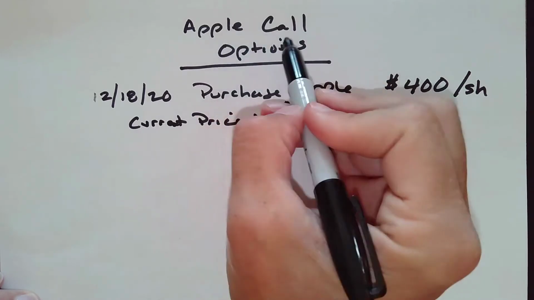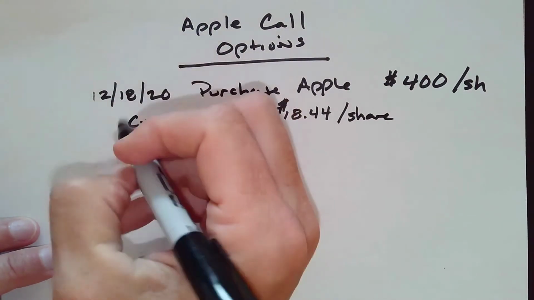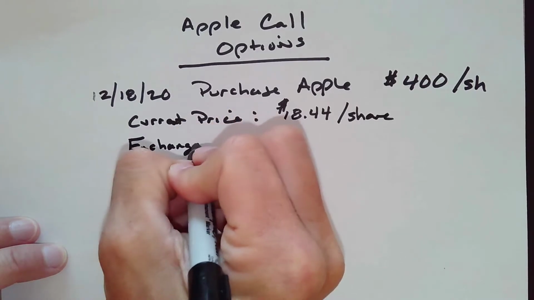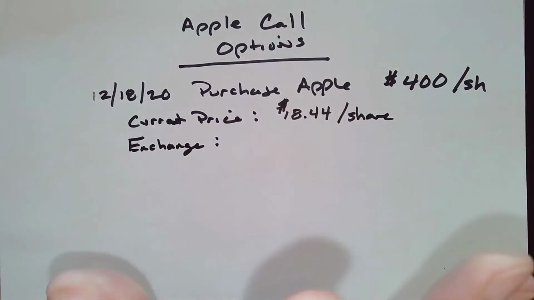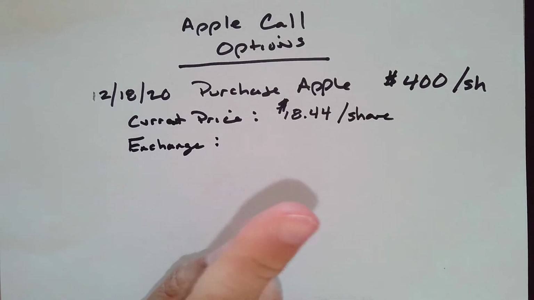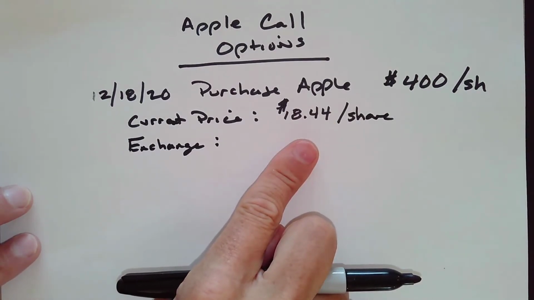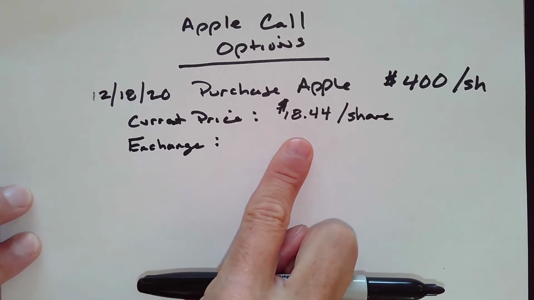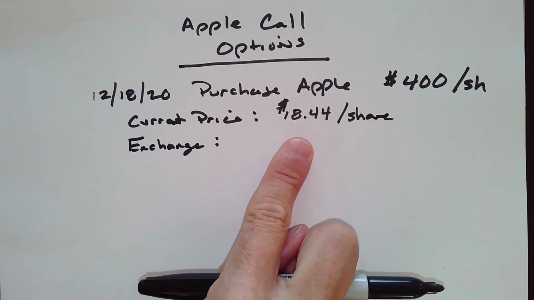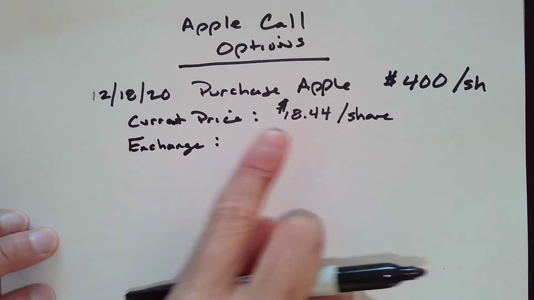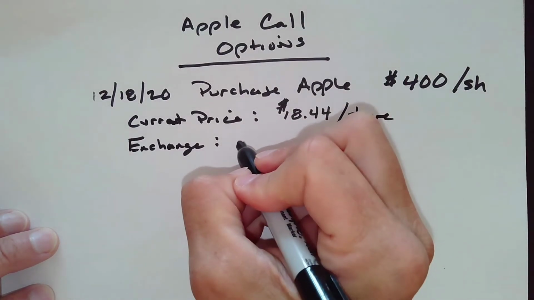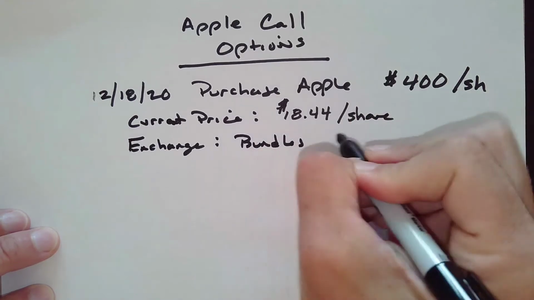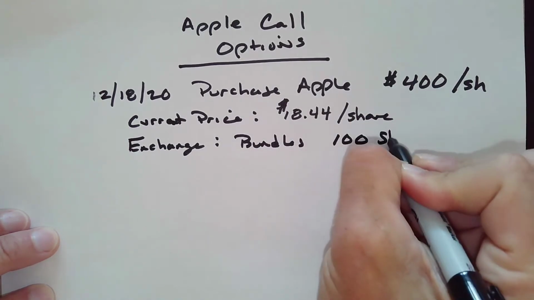Exchange traded options, which this is, come in bundles, right? You don't get to just buy an option for one share. You have to buy an option, and there's a couple of different bundles. You buy minis, micros, as well as a regular option. Regular options come in bundles of 100 shares.